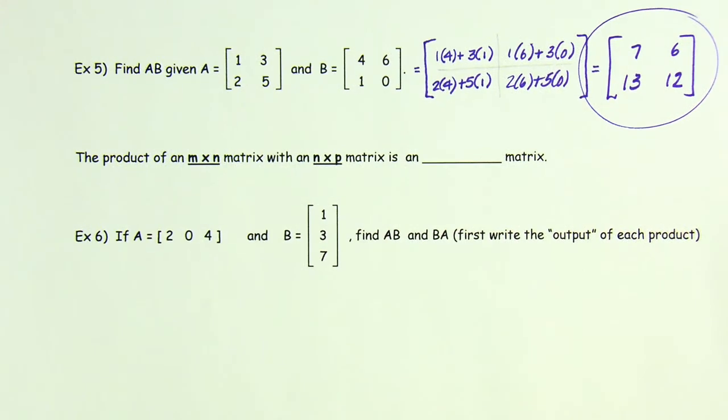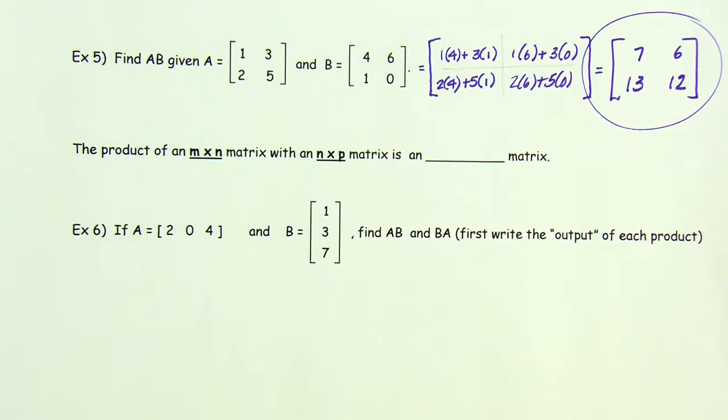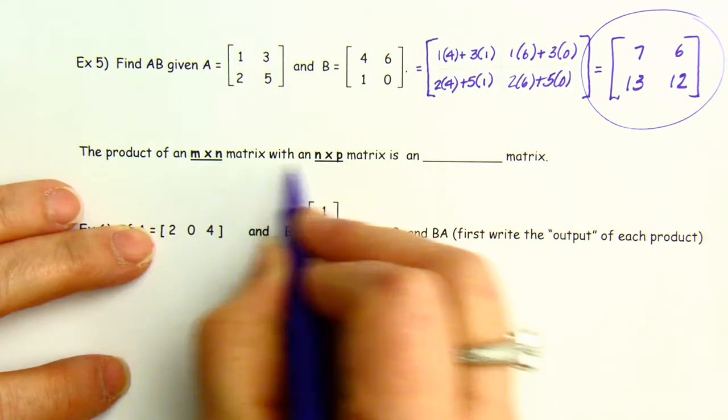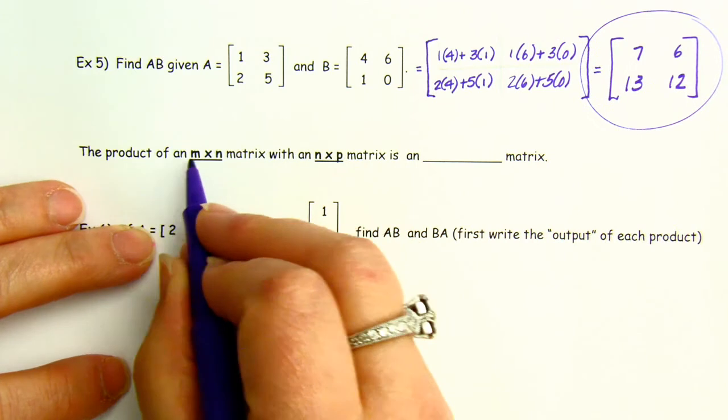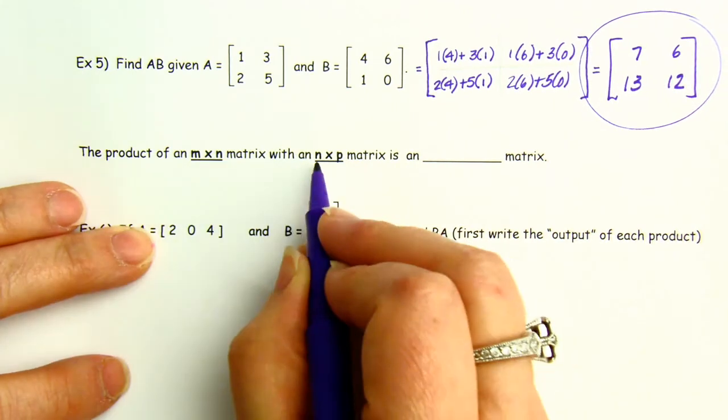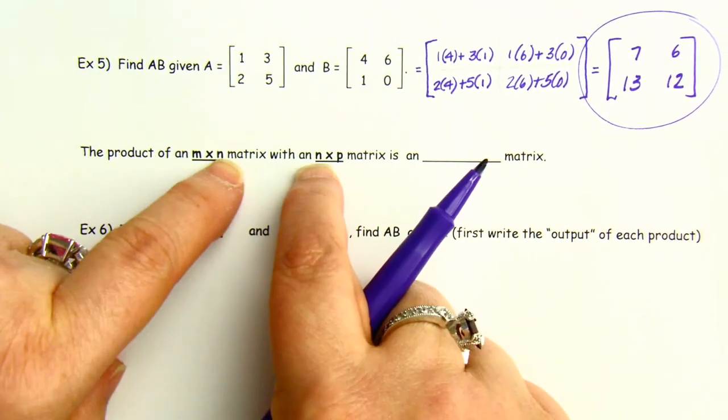What the product of an M by N matrix with an N by P matrix is. All right. So we saw when we were adding and subtracting matrices that the order had to be the same. Well, when we're multiplying matrices, the insides here, meaning M by N and N by P, notice the N is exactly the same.